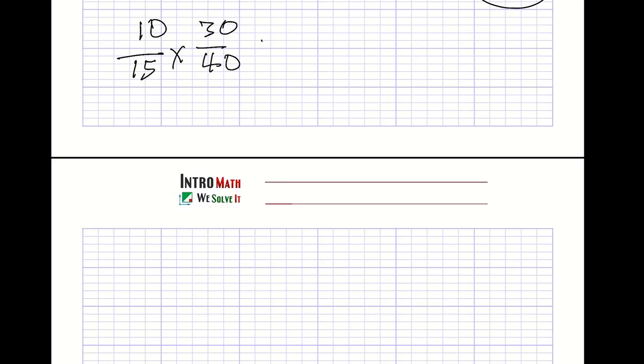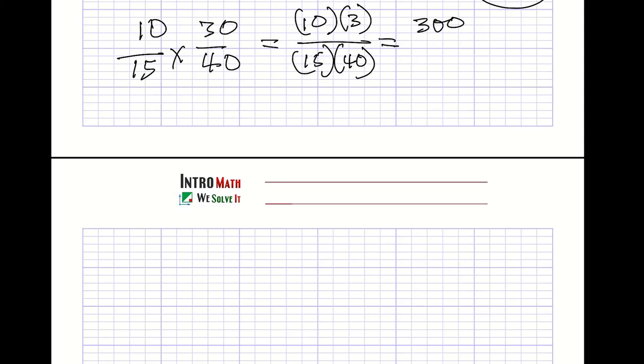You do the same thing we did up there. 10 times 30 over 15 times 40. When you multiply that out, you get 300 over 600. So you can cross this out, cross that out. You get 3 over 6, which is the same thing as 1 over 2.